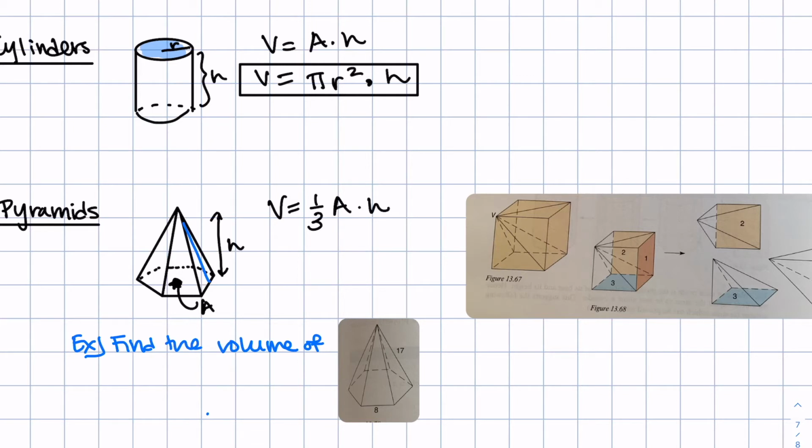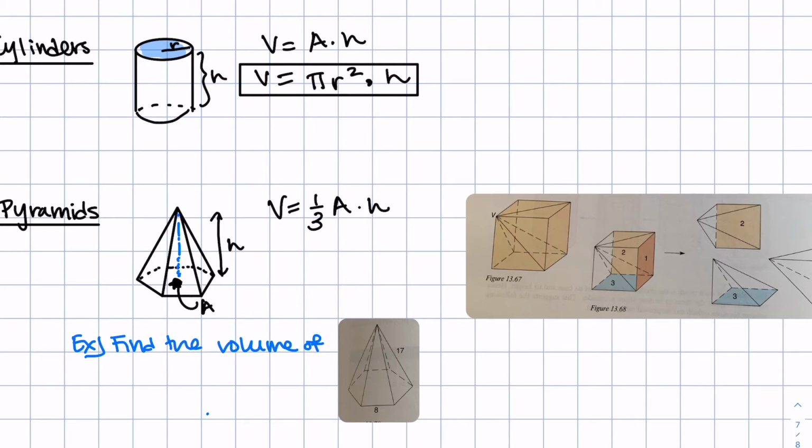The height is actually what happens if I go vertically up, perpendicular to the base all the way up to the point. So the height is perpendicular to the base and kind of lives inside. So this can often be a harder unit to measure.